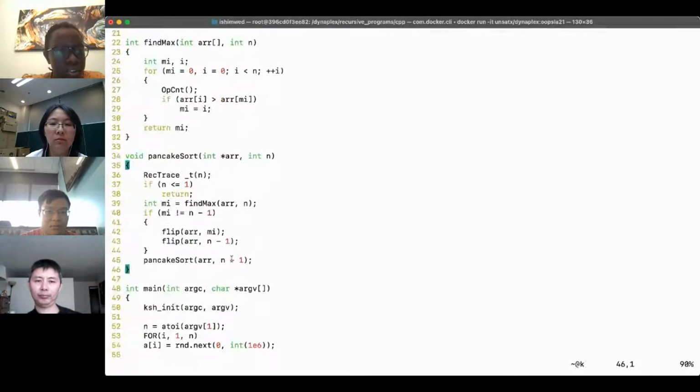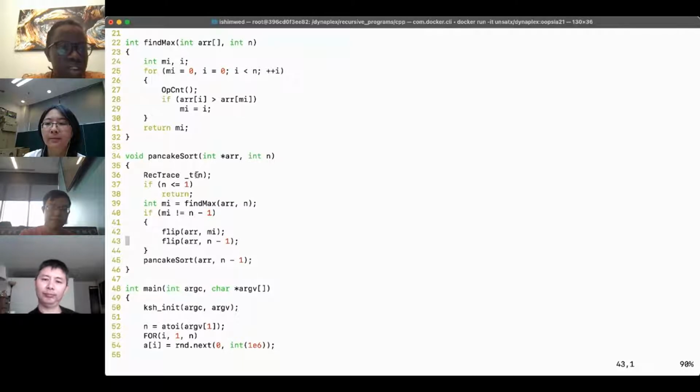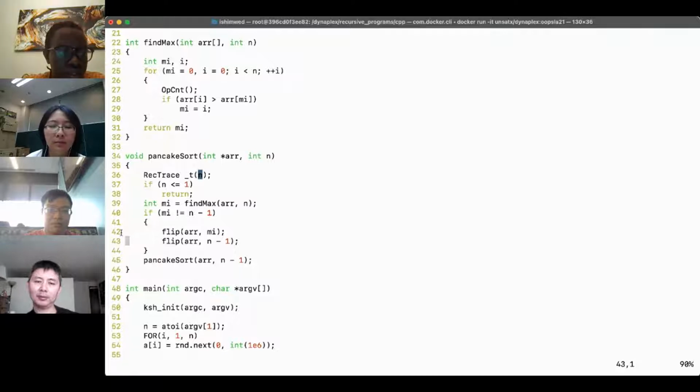At the function entry on line 36, we collect the problem size n, so the rectrace function with the parameter n representing the problem size. And for each auxiliary function on lines 42 and 43, or each loop, we also collect the number of loop iterations.